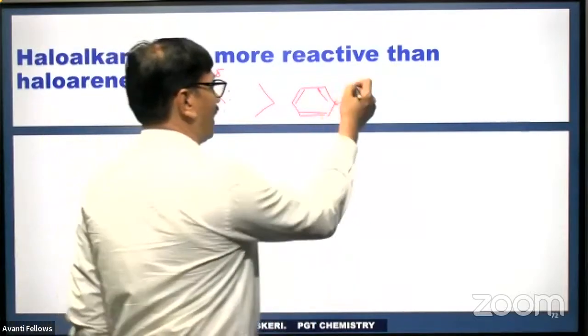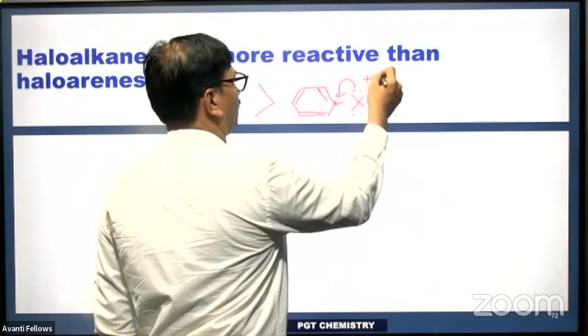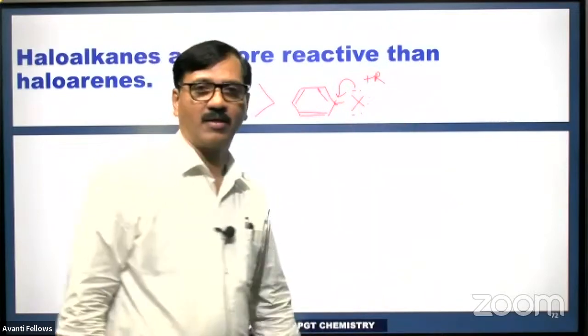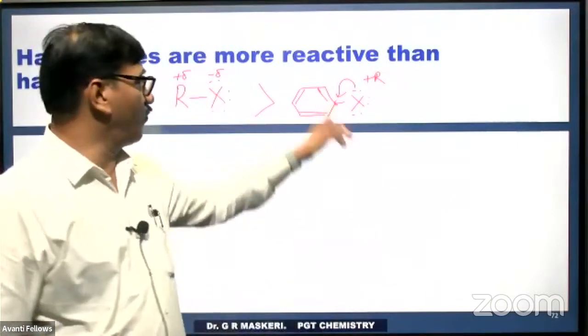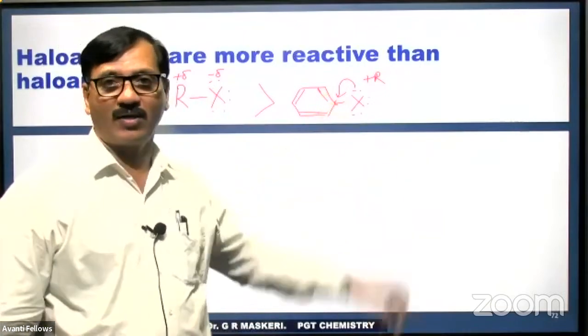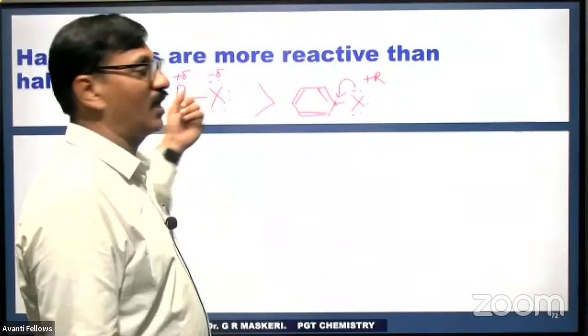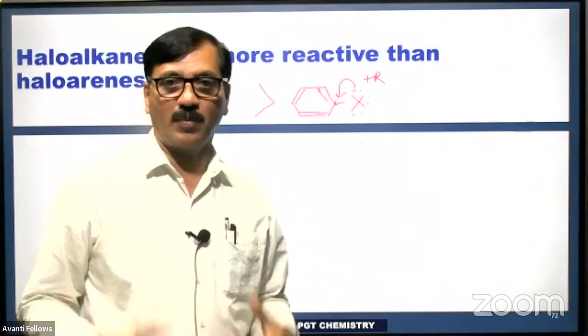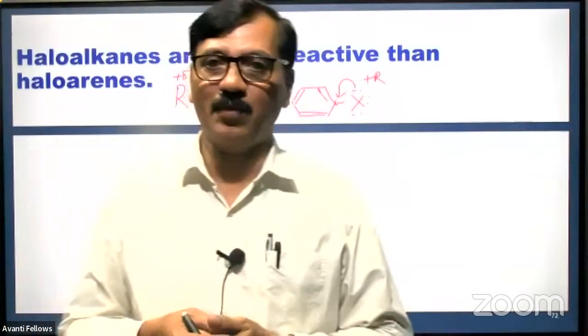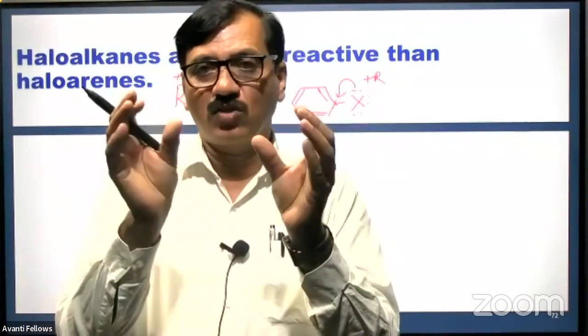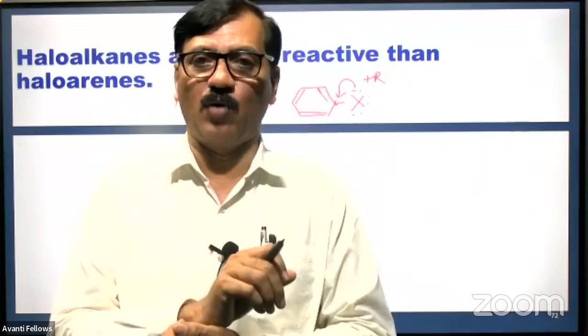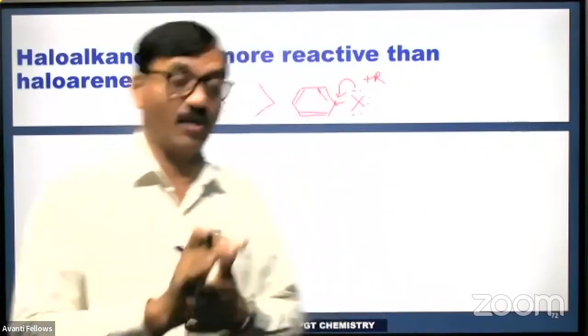But there is another effect called plus R effect, the resonance effect. Electrons are involved in forming this bond as a double bond. This is a single bond, a polar single bond, and that is a double bond. So the double bond is considered to be stronger. The carbon halogen bond is also shorter. A double bond is always shorter than a single bond. So it is stronger.